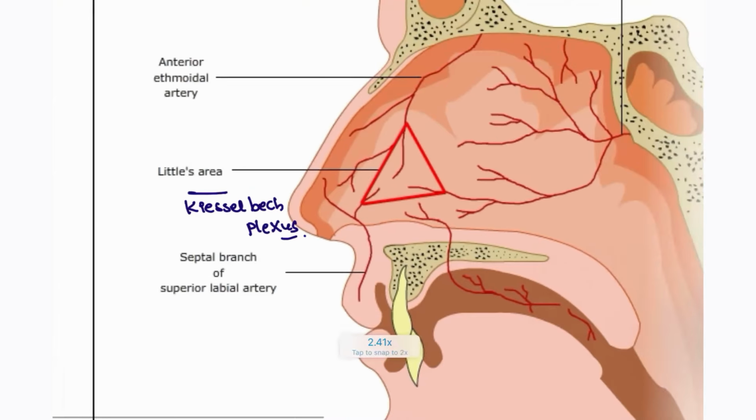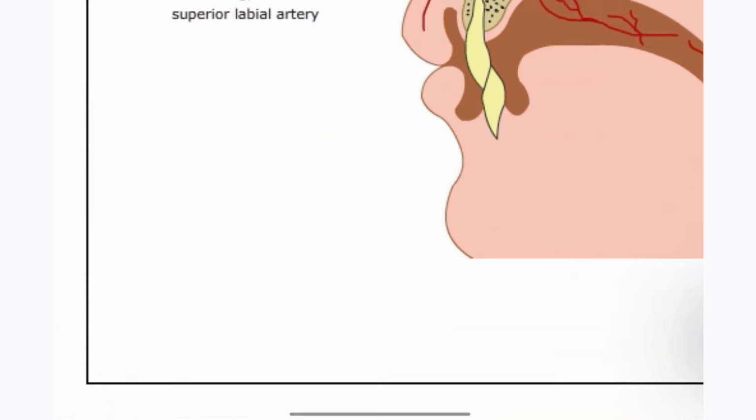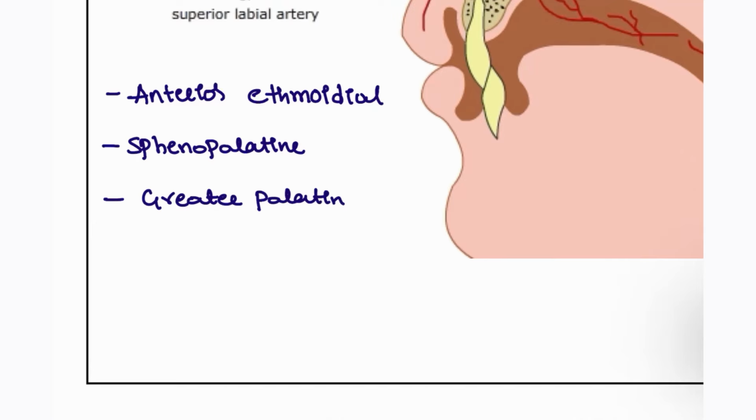So Kiesselbach's plexus involves important arteries that you have to remember. What are those? First one is the anterior ethmoidal, and also the sphenopalatine. This is the major one, right? Then the greater palatine and the superior labial artery.